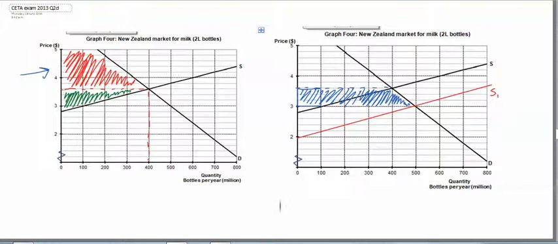So the new producer surplus, the best way to understand where the new producer surplus is, is to understand where the subsidy is illustrated. If you agree that the market now is at 500 and the subsidy is 80 cents, then over and above the new equilibrium position there is a subsidy of 80 cents, so that's a vertical up there, 80 cents.